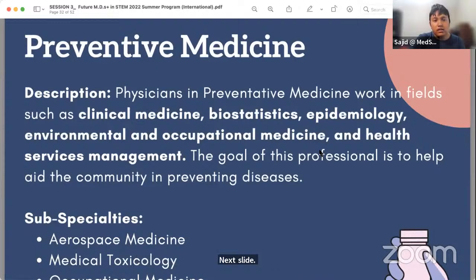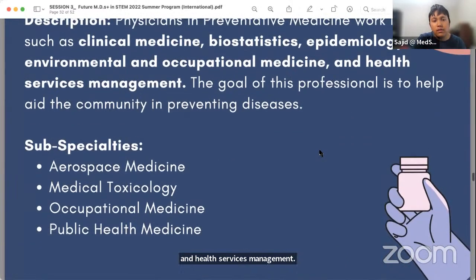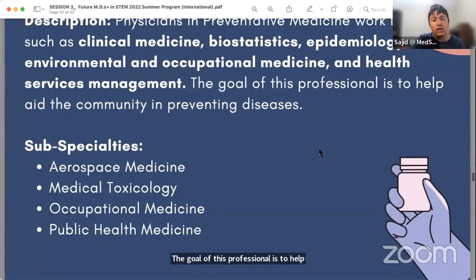Preventive medicine. So preventive medicine works in fields such as clinical medicine, biostatistics, epidemiology, environmental and occupational medicine, and health services management. The goal of this professional is to help aid the community in preventing diseases.